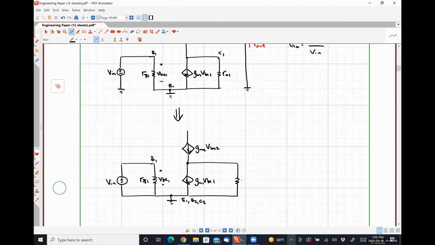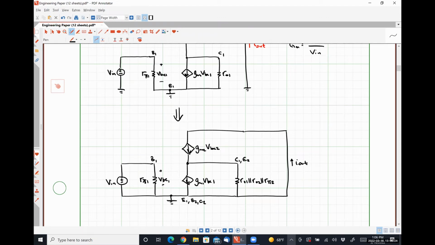Here I have my resistance R01 in parallel with R02 in parallel with R pi 2, where this node is the collector for transistor Q1 and the emitter for transistor Q2. And this is my current I out that I'm looking for.